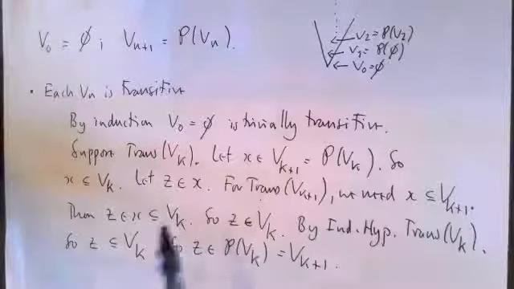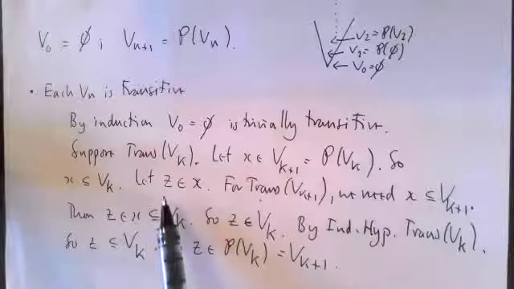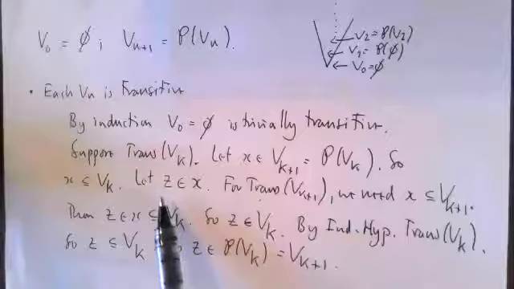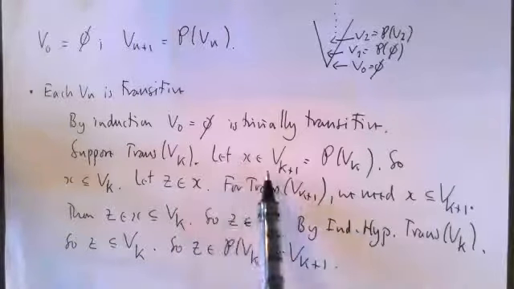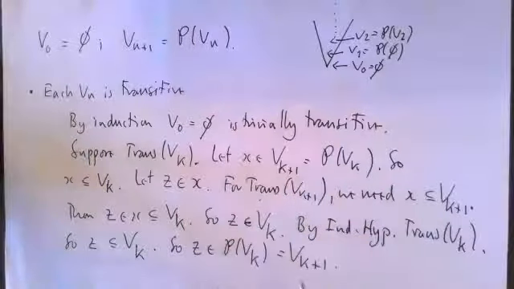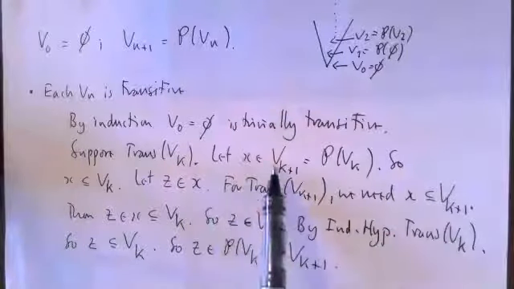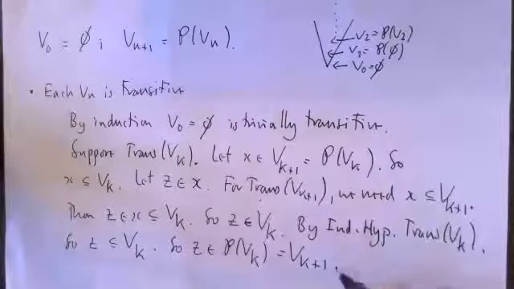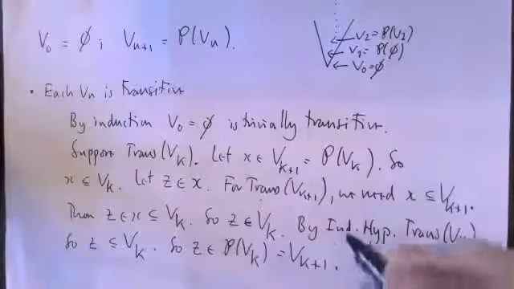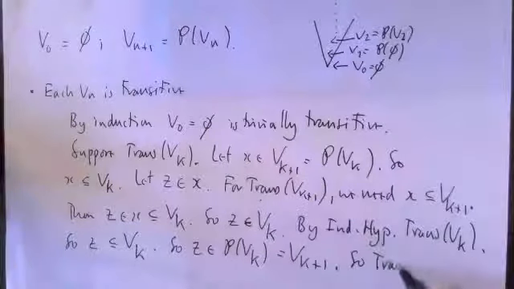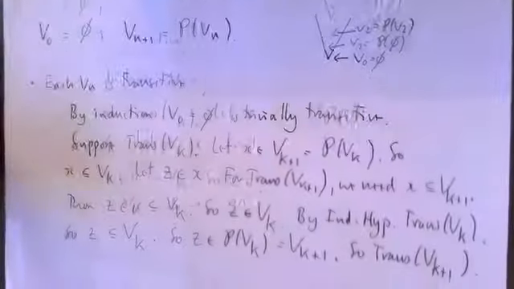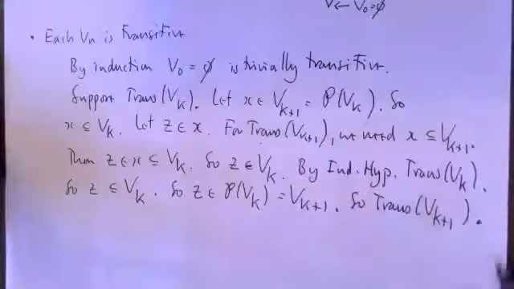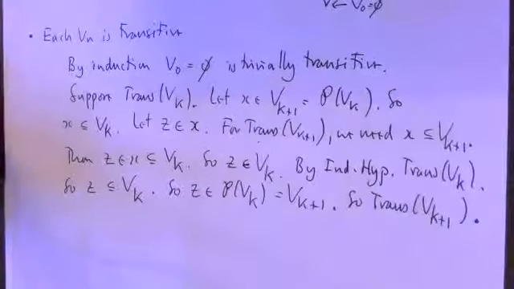So I've shown that a typical element of an element of V(k+1) is also in V(k+1). So any element of V(k+1) is a subset. So V(k+1) is transitive. Okay, so it's a kind of watertight little logical argument there.